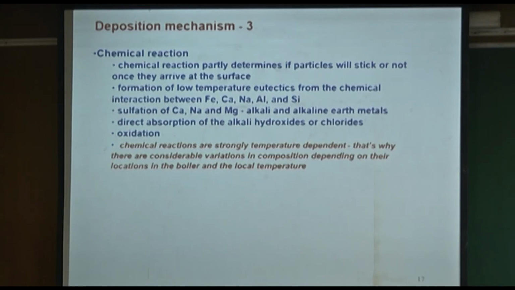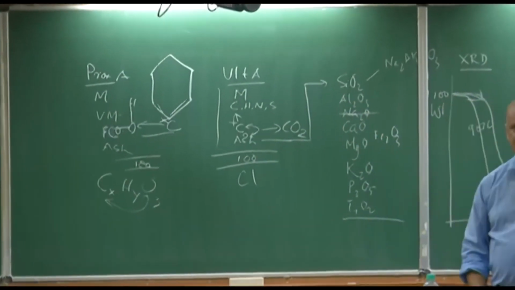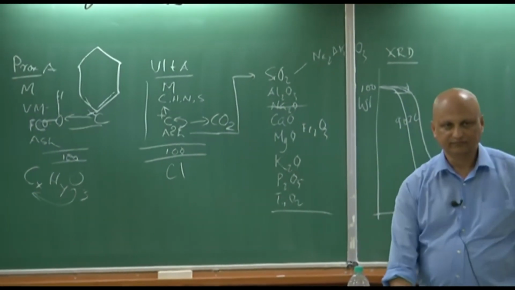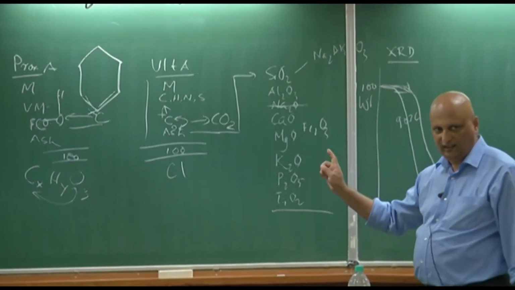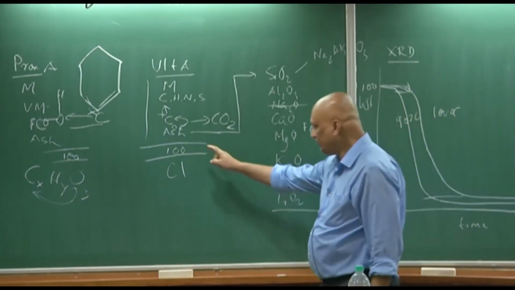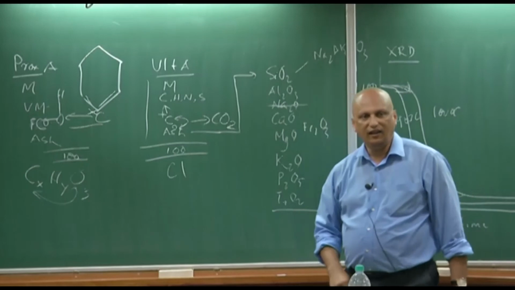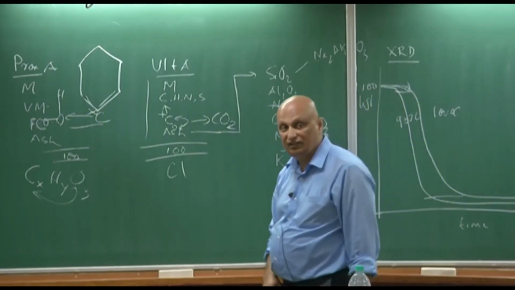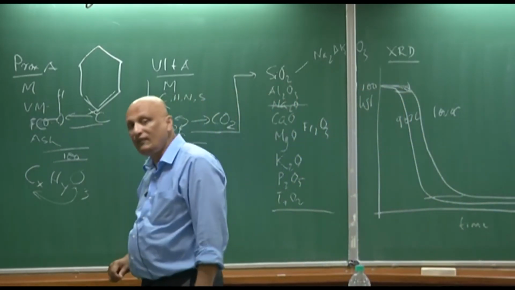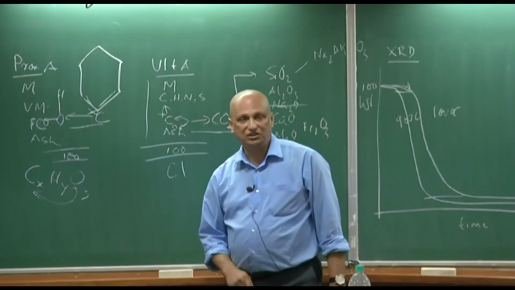So again, the point I'm making is, not often do the coal companies actually tell you. Apart from this, you also ask how much is present. And that's not part of the ultimate analysis at all. It's not part of that 100. It is separately asked for, if it is a salty coal or not. If it is a salty coal, you need to wash it out.